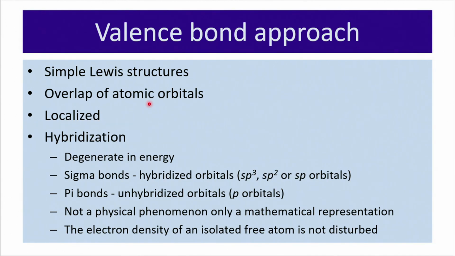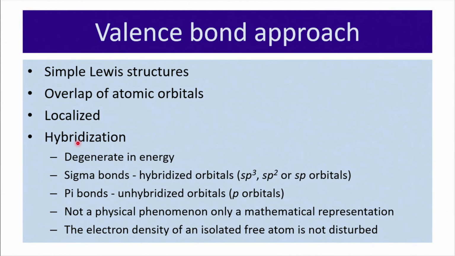Let us look at the valence bond approach. This can be derived from the simple Lewis structures. It uses overlap of atomic orbitals, and overlapping leads to bonding, and this overlap happens within a confined region. That means it is basically localized, and the mixing of these orbitals leads to hybridization.